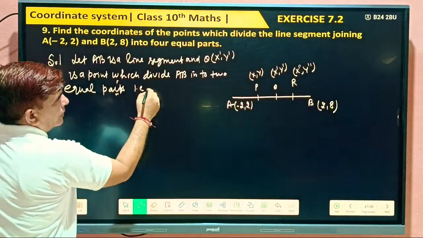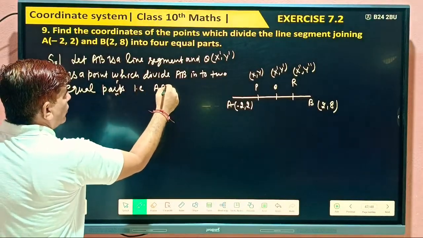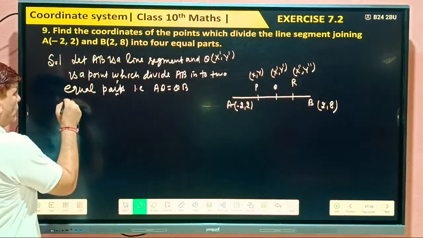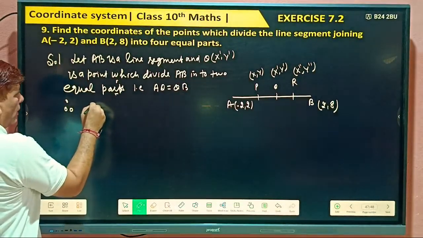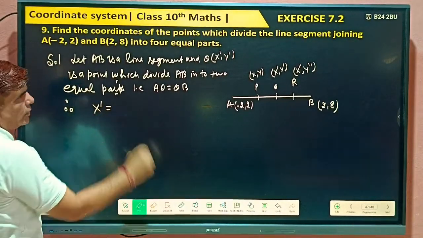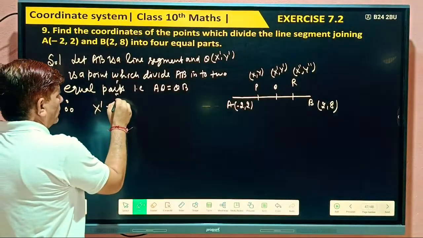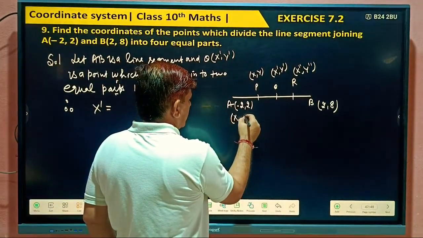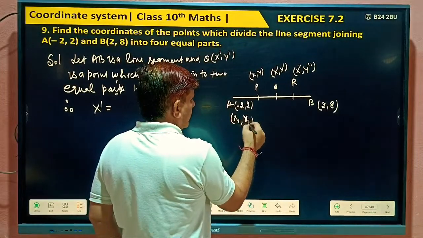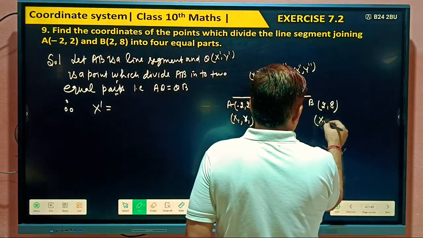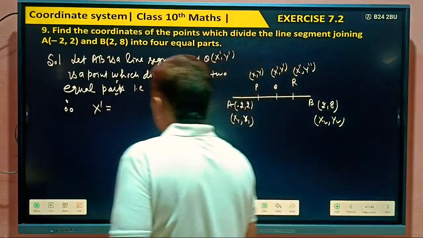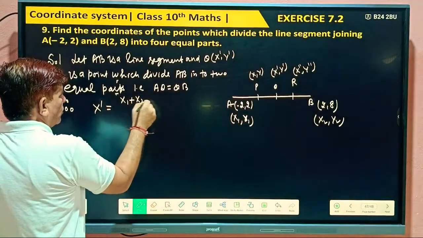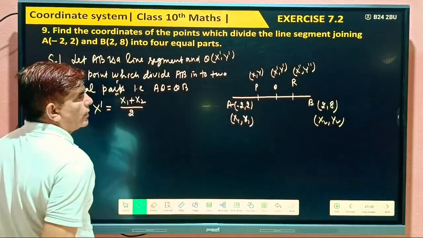That is, AQ equal to QB. Therefore, x dash is equal to, this we can take as x1, y1, and this we can say x2, y2. x dash is equal to x1 plus x2 by 2, by the midpoint formula.